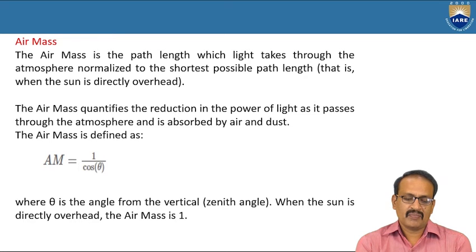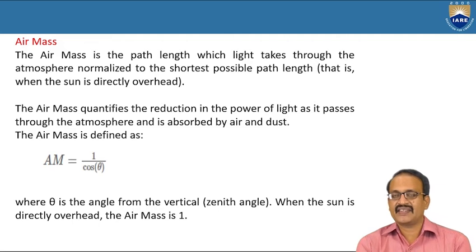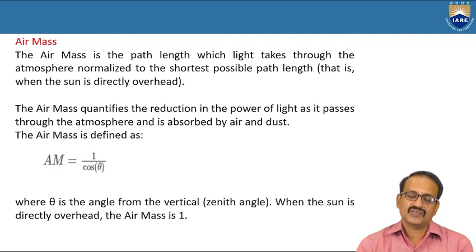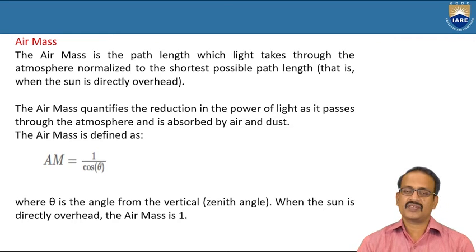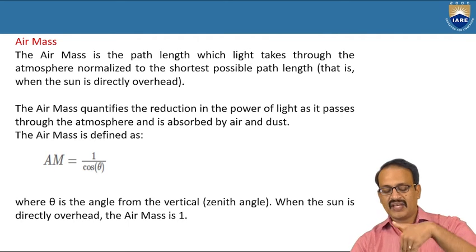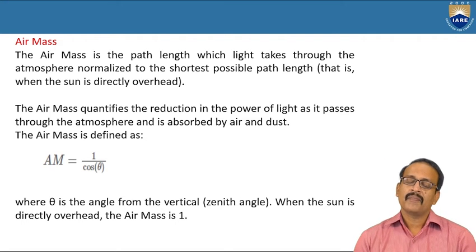So it is 1 by cos theta, where theta is the angle from the vertical, the zenith. So suppose the Earth is flat, the angle from the vertical zenith. If it is sliding, the angle varies. Actually, it should be exactly perpendicular.